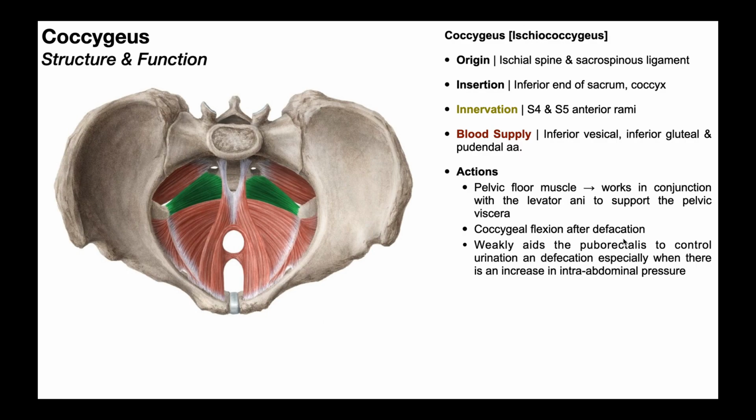Well, after that's over, the coccyx can resume its original position, and that's aided in part by coccygeal flexion. Most of the movement is passive, but there is a little bit of active movement that's provided by the coccygeus. And it can also weakly aid the puborectalis muscle, one of the levator ani muscles, to control urination and defecation, especially when there's an increase in intra-abdominal pressure.